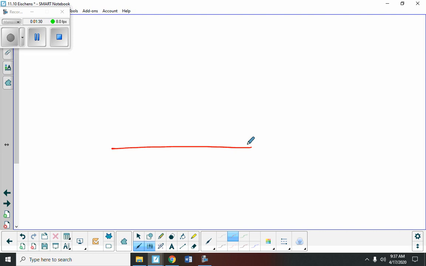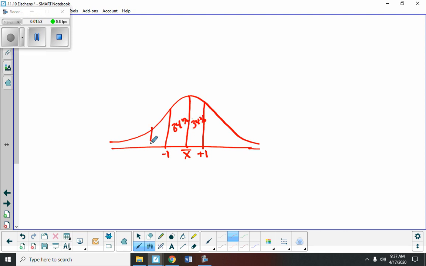So to do a bell-shaped curve, what you want to do is put in your mean right here, and that is x bar. Here's one standard deviation, so this is plus one standard deviation and minus one standard deviation. So this is 34% and 34%. 2 standard deviations is 13.5 and 13.5%.